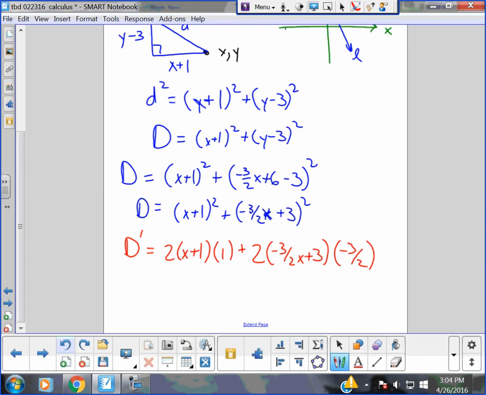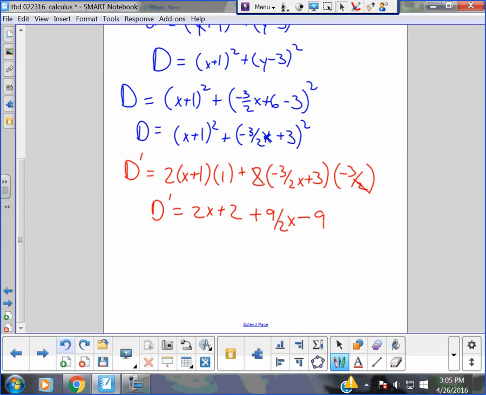I'm going to take the time to clean up here. D prime equals 2x plus 2 for the first distributing. Over here, I can cancel the 2 and the 2, and I distribute the negative 3 halves: plus 9 halves x minus 9.